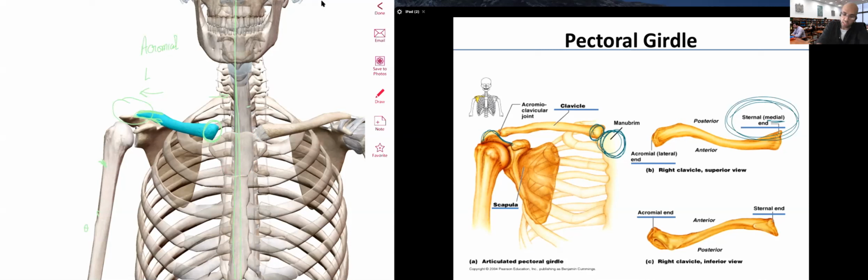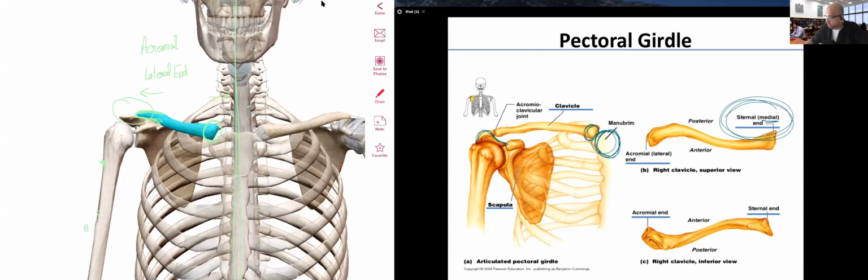So we're going to call this end the acromial end, or lateral end. How we're going to be checking out the questions on the bone is the same exact way as what we did with the axial skeleton.